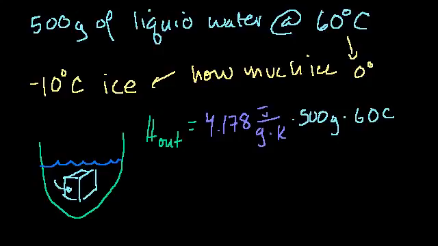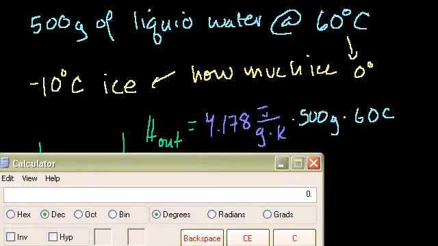So let's see what this is. This is 4.178 times 500 times a change of 60 degrees. It could be a change of 60 degrees Kelvin or a change of 60 degrees Celsius. It doesn't matter. The actual difference is the same whether we're doing it in Kelvin or Celsius.